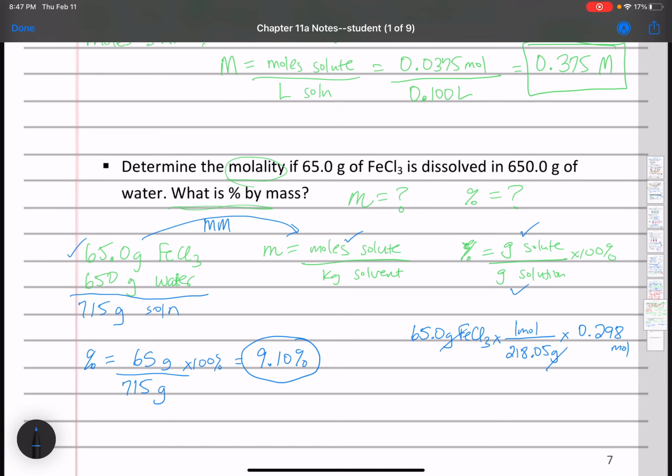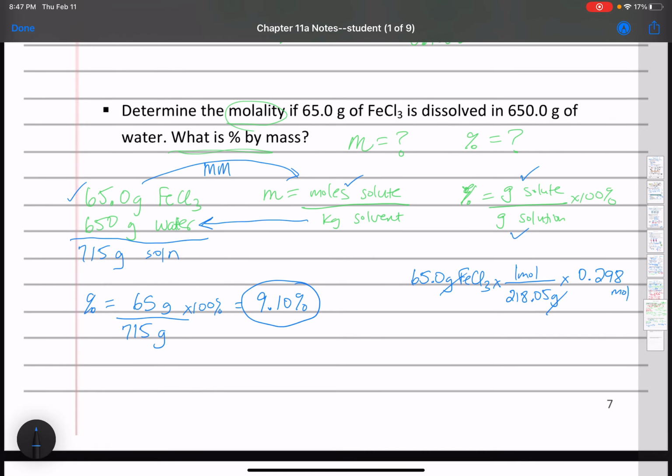So now I have moles of solute, check. And do I have the kilograms of solvent? I do. The solvent is the water. So the 650 grams of water, I just need to convert that into kilograms. So to solve for molality, my moles of solute are, I calculated that to be 0.298 moles.